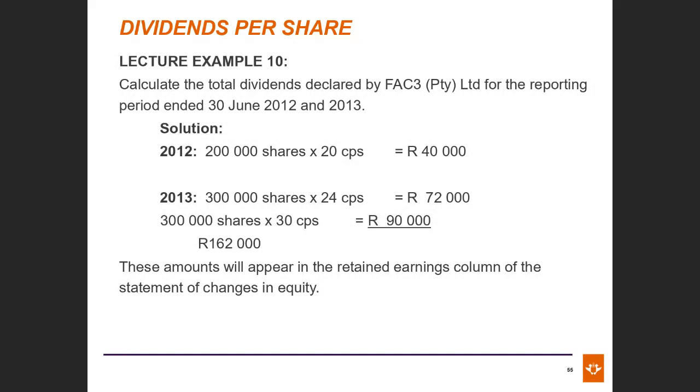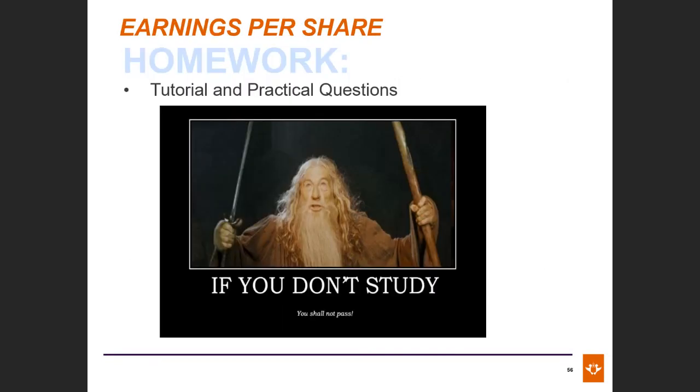We simply took the number of shares multiplied by the dividend per share, and the required was to calculate the total dividends declared for the reporting period ended 30 June 2012 and 30 June 2013, which is what we did. So these amounts will appear in the retained earnings column of the statement of changes in equity. Okay, so that wasn't too difficult.